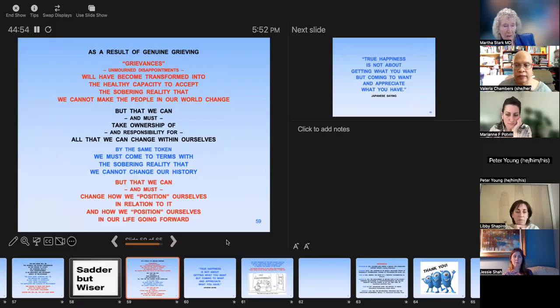That's autoplasty versus alloplasty. By the same token, we must come to terms with the sobering reality that we cannot change our history, but that we can and must change how we position ourselves in relation to it and how we position ourselves in our lives going forward.